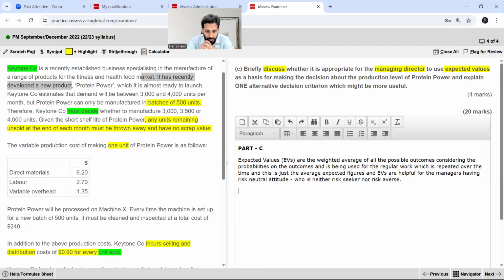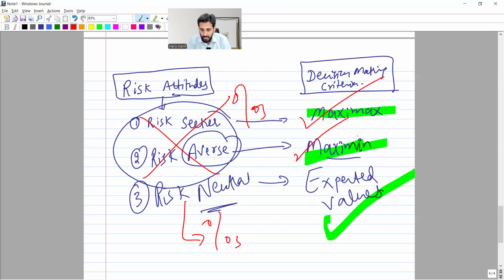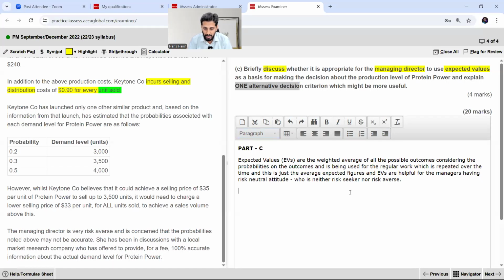So I have written it down. But the managing director is risk averse. So definitely you have to choose one alternative decision. And for the risk averse, she would be applying maximin decision making criteria.